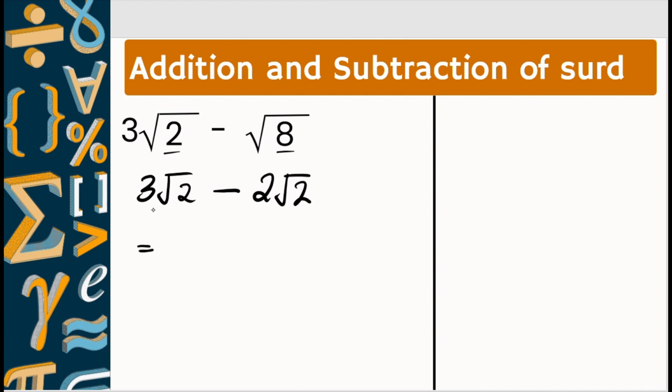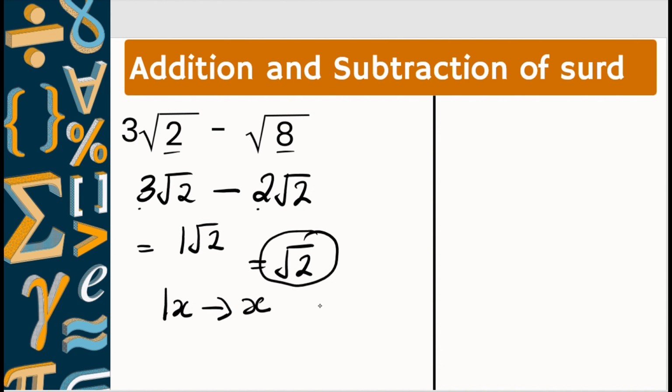So therefore, subtracting this, just like algebra, we'll have 3 minus 2, and 3 minus 2 is 1 root 2, and this can also be written as root 2. Just like in algebra, 1x can also be written as x. So therefore, our final answer is root 2.